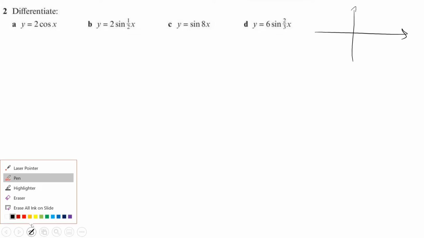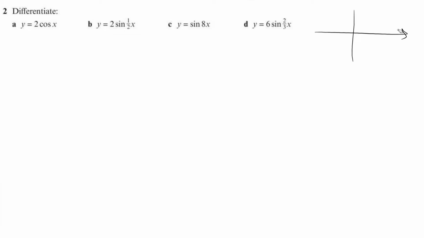So at first I'm just going to show you something. This diagram will be very helpful to you in terms of remembering the differentiation of trig functions. Okay, here is sine x, here is cos x, minus sine x, and minus cos x.